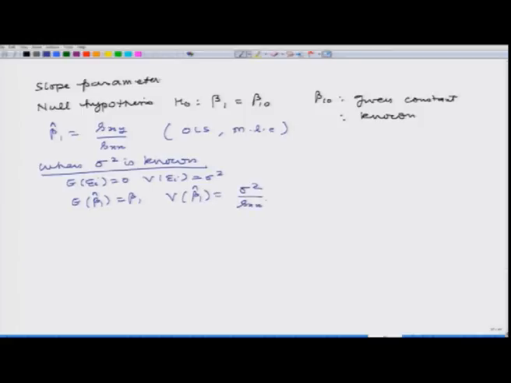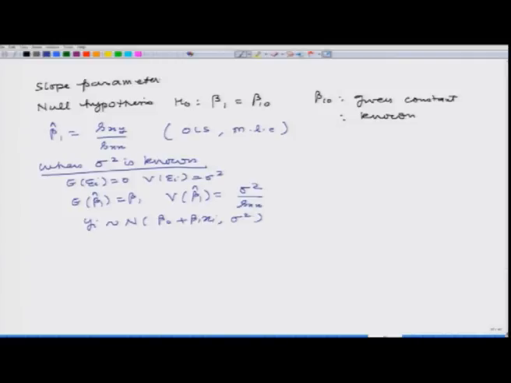These are the expressions that we had obtained earlier, and we had also shown that beta 1 hat is a linear function of y's, and y's follow a normal distribution with mean beta 0 plus beta 1 xi and variance sigma square. All this information we have already established.